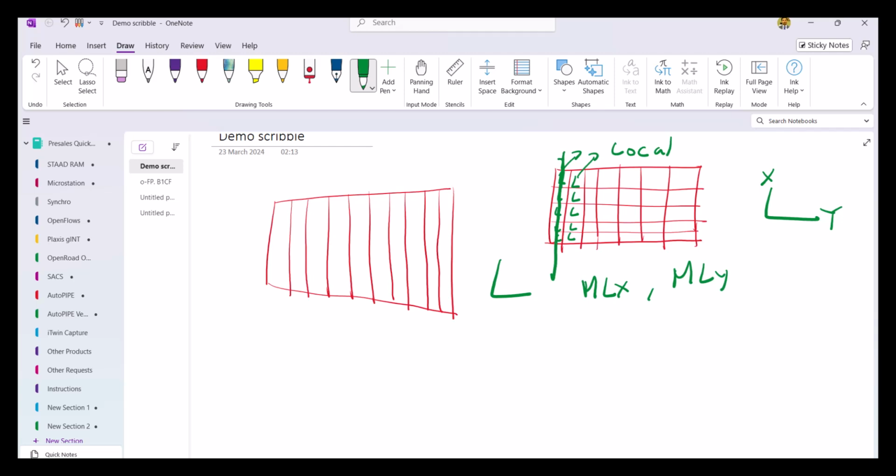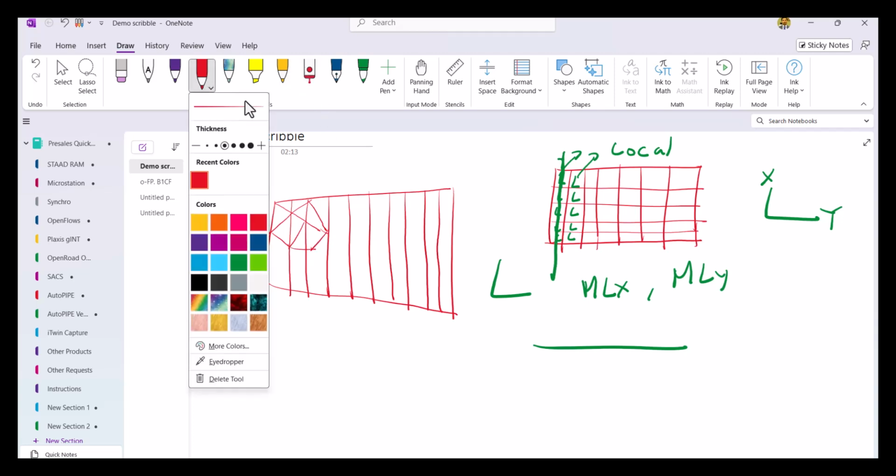So as this line is coinciding with your local axis orientation, there is no issue in using those values for rebar designing, right? But what if I have a situation like this, maybe I'm choosing the red color. If I make a very random mesh like this, I'm just going freehand here.